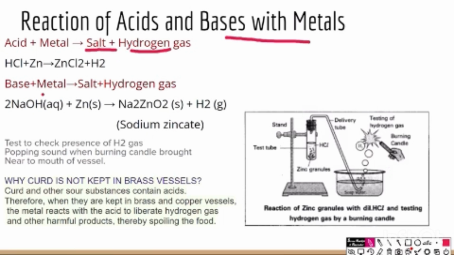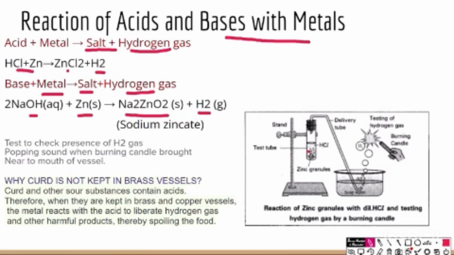We have examples. We have HCl reacting with zinc, giving us zinc chloride and hydrogen gas. We have NaOH, sodium hydroxide, reacting with zinc again, giving us sodium zincate, which is a solid that settles at the bottom, and hydrogen gas.